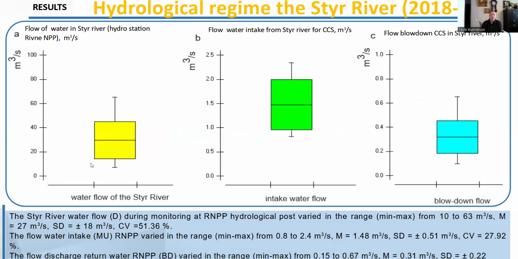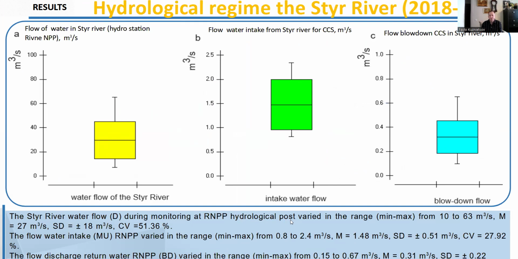The Styr River flow during monitoring at the Rivne NPP hydrological post varied in the range from 10 to 63 cubic meters per second, mean 27 cubic meters per second, standard deviation 18 cubic meters per second. The flow of water intake at the NPP varied from 0.8 to 2.4 cubic meters per second.